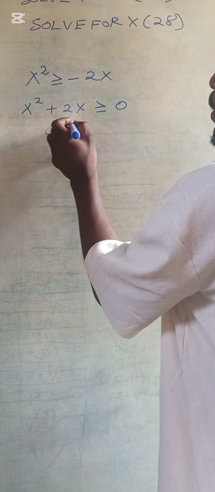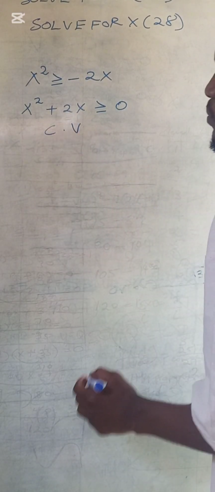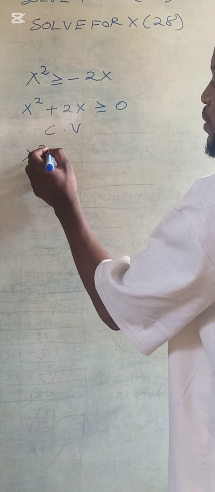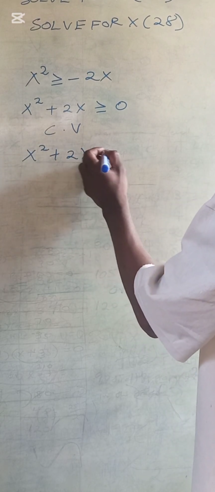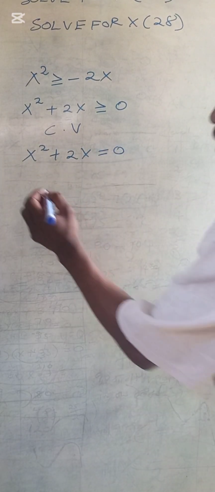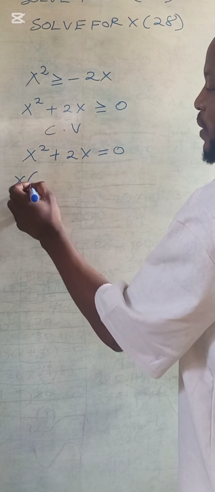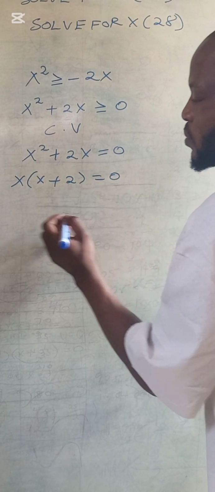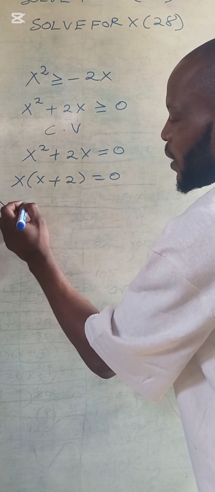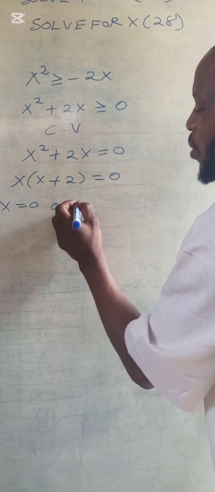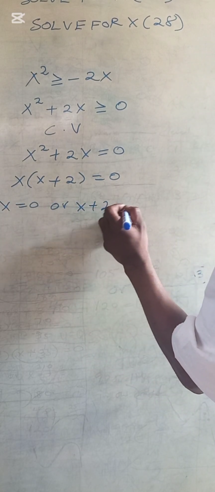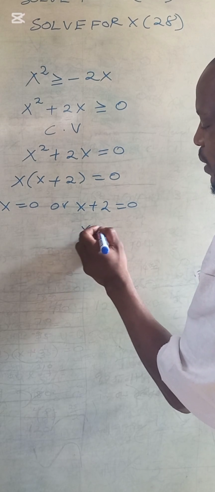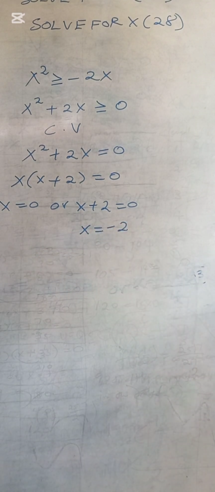We can search for our critical values. We change the inequality into an equation. Common factor x, and then here we'll be left with x plus 2 is equals to 0. Zero principle, x is equals to 0, or x plus 2 is equals to 0. This side, x is equals to minus 2, right?